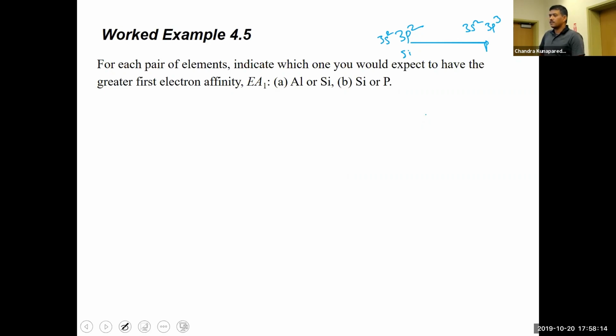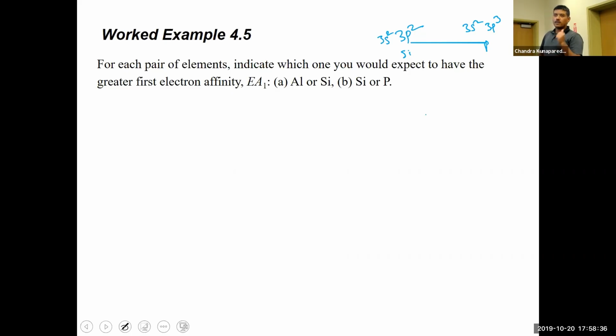What we learned in the previous couple of slides is that it is easier to add an electron to a smaller subshell than a larger subshell, but that case does not apply here. We are adding both electrons to just a p subshell.